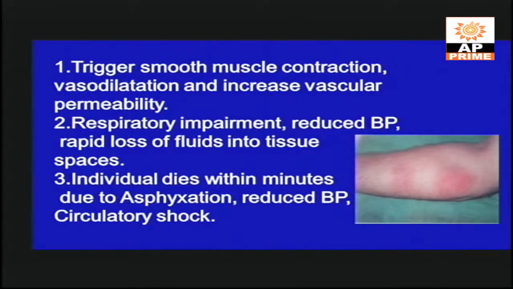Because of all these reactions, it will lead to respiratory impairment, because of the muscle contraction of the bronchioles, and BP is reduced due to the vasodilation, and there is rapid loss of fluids into the tissue spaces, and the individual dies within minutes due to asphyxiation, that is reduction of oxygen and reduction of blood pressure, and finally due to circulatory shock. That's why anaphylaxis is a fatal type 1 hypersensitivity reaction.